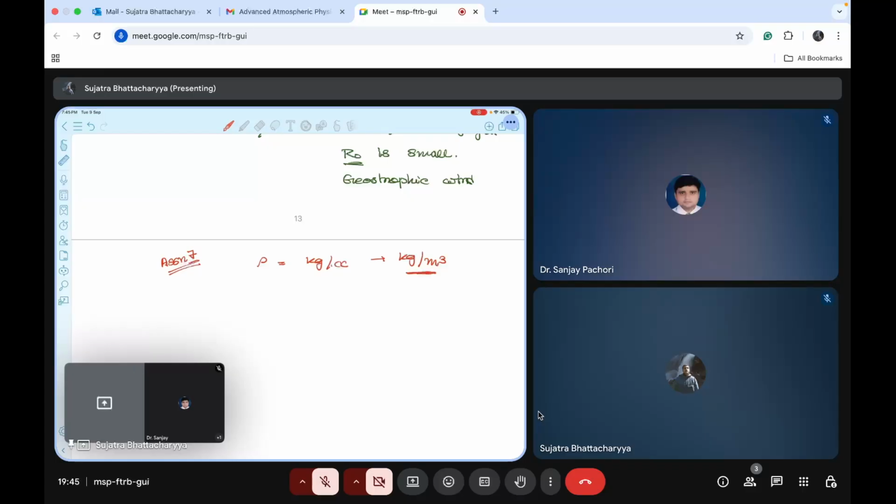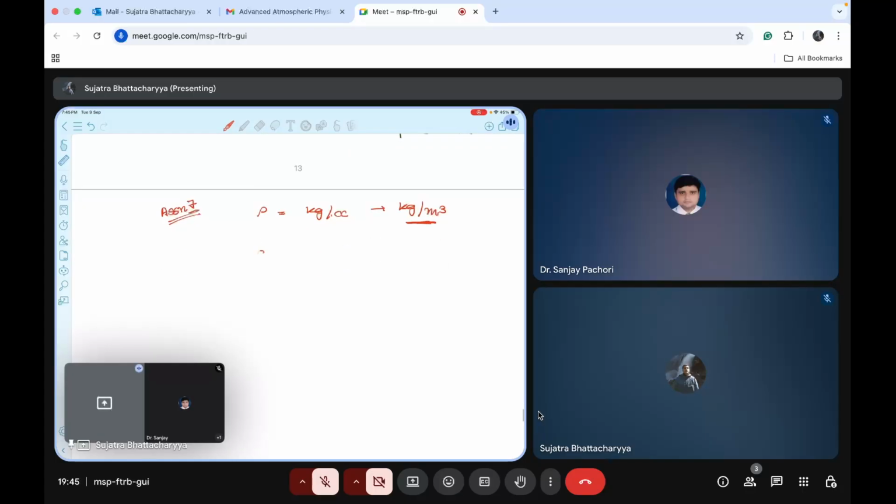Okay, what else? Another thing is geostrophy. Remember, Vg in pressure coordinate, that is xy coordinate, is 1 by f delta phi by delta x.